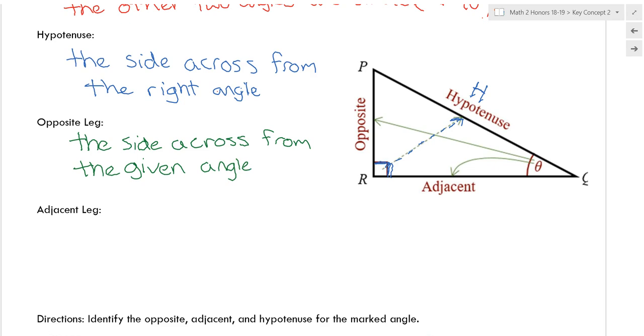For example, that's Q. It also has this symbol, which is pronounced theta. Theta is just a variable that usually represents an angle. So if I go here and I go across my triangle, there is my opposite side.